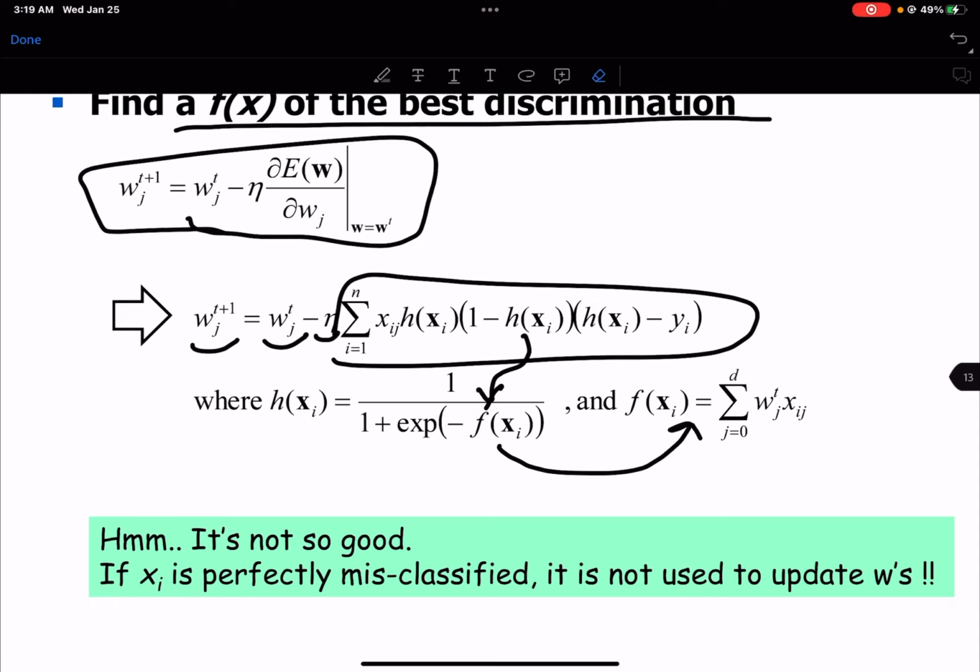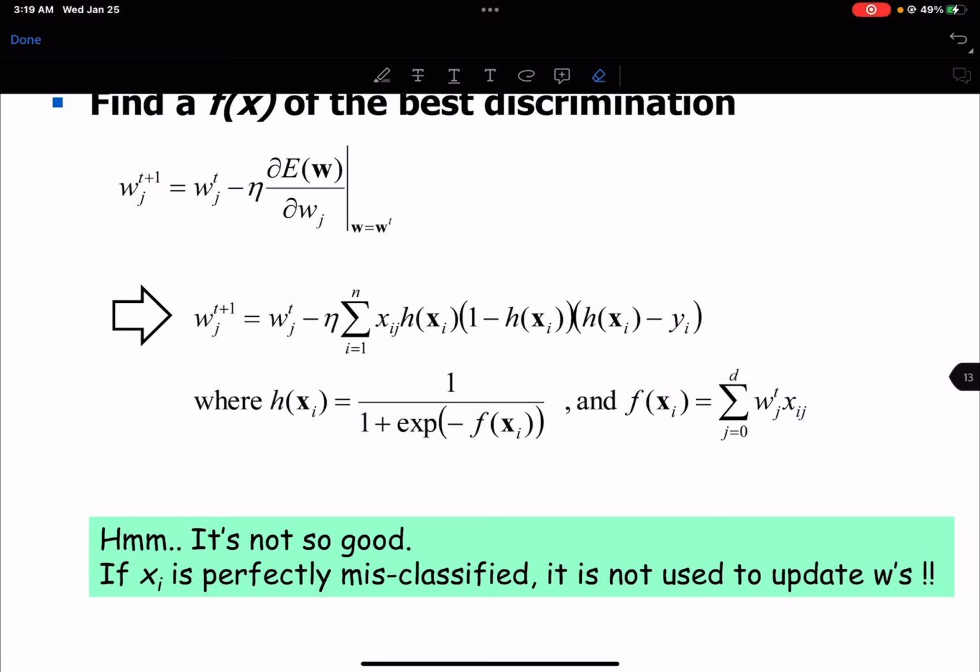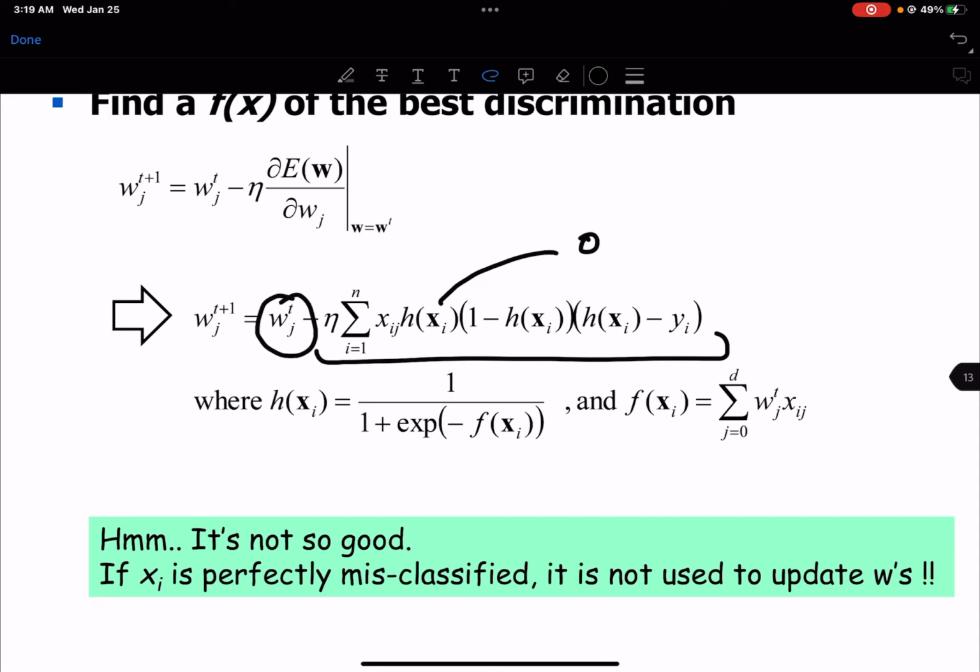Okay, so what is the issue in this equation? If it is perfectly misclassified, then h of x is 0. So if the multiplier term is 0, this whole term becomes 0, so your weight remains the same.